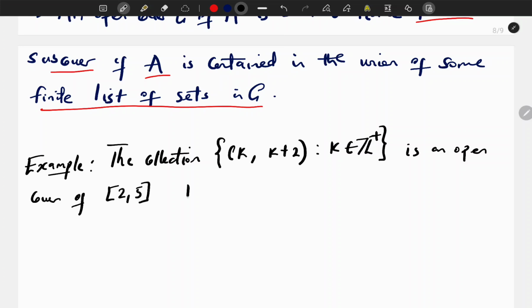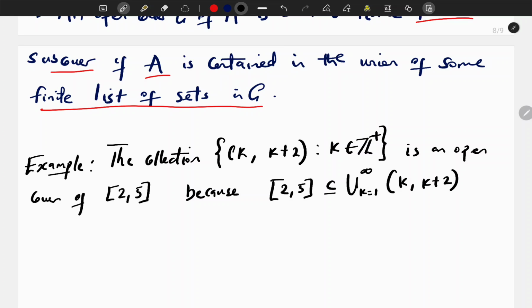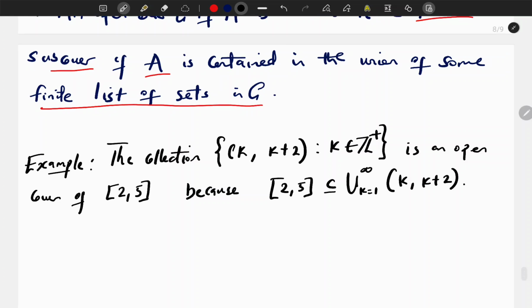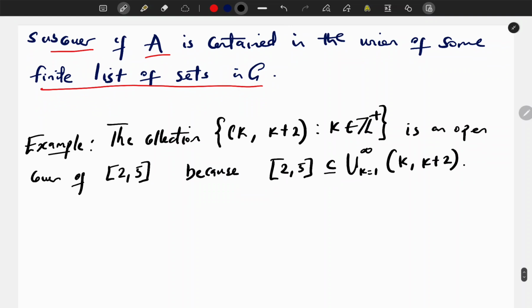Why? Because our closed interval is contained in the union of the intervals K, K plus 2. And also you will notice that we don't need an infinite cover of this. We just need some finite cover of it.